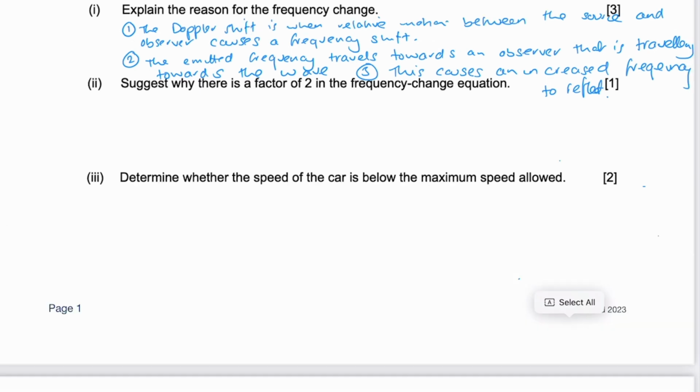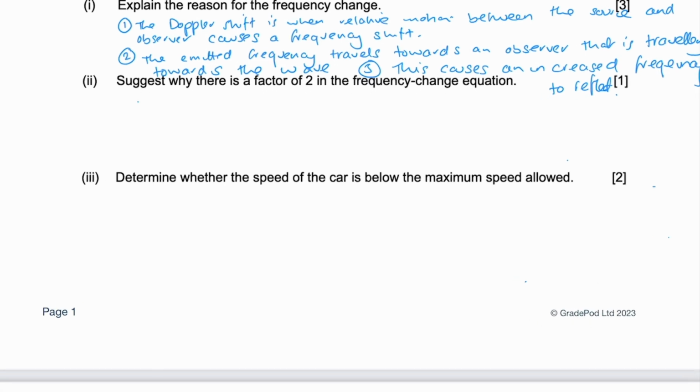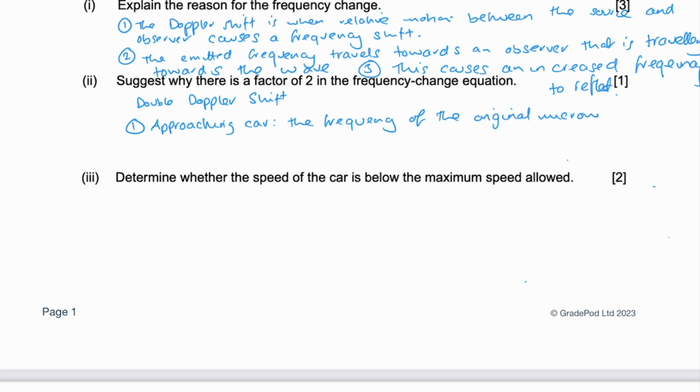2. Suggest why there's a factor of 2 in the frequency change equation. Well, with the radar we have a double Doppler shift. And we've talked about that in step 1. So in the first shift, we have an approaching car, and the frequency of the original microwave.